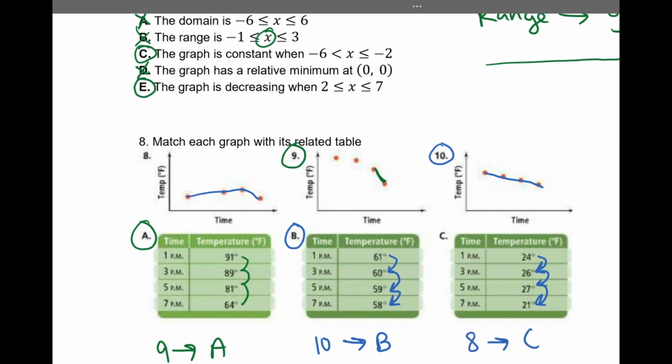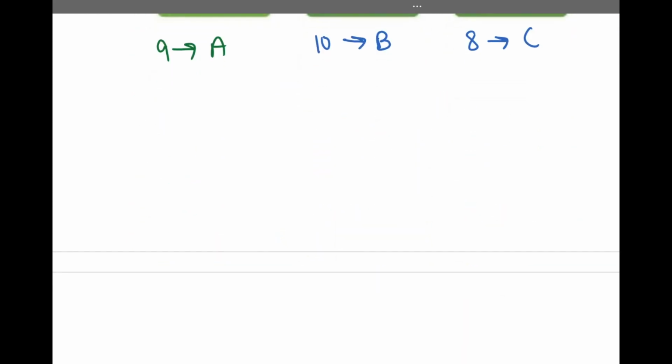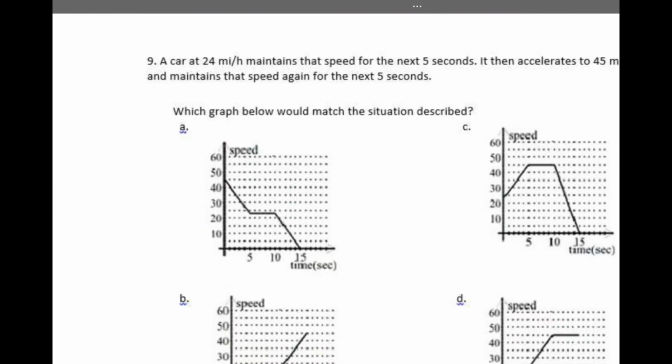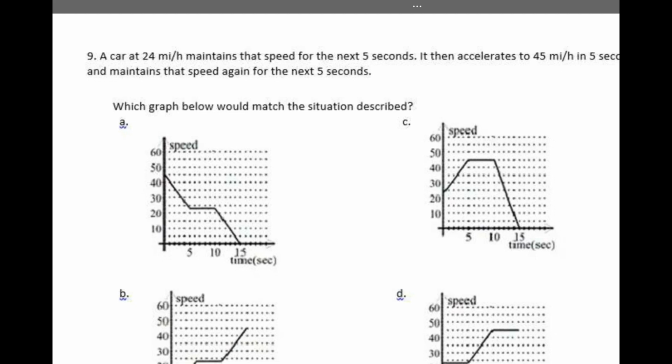All right, moving on to number 9. Number 9 says a car at 24 miles per hour maintains that speed for the next 5 seconds, sorry. It then accelerates to 45 miles per hour in 5 seconds and maintains that speed for the next 5 seconds. Which graph below would match the situation described?